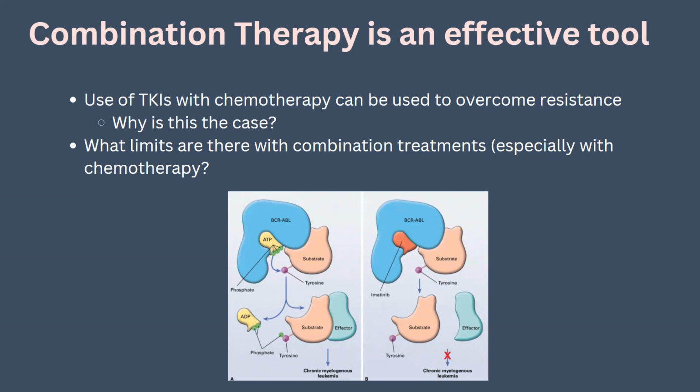Imatinib is extremely specific, and it's also another one of the questions that you had in your problem sets: why does imatinib work for this but not for anything else? It's specific enough to the formation of the chimeric gene, being the causal factor of the leukemia, that you're able to use imatinib.